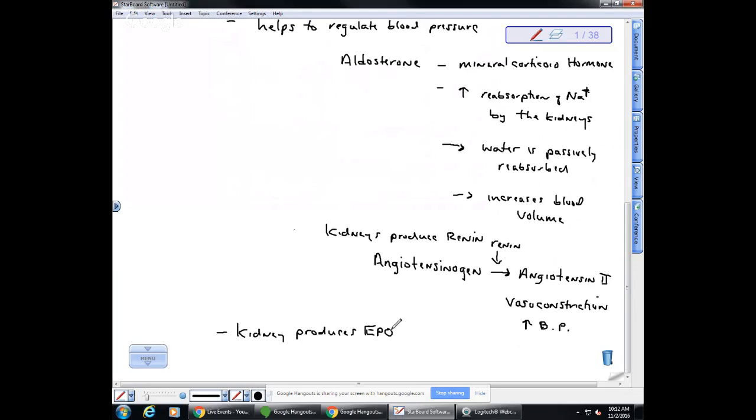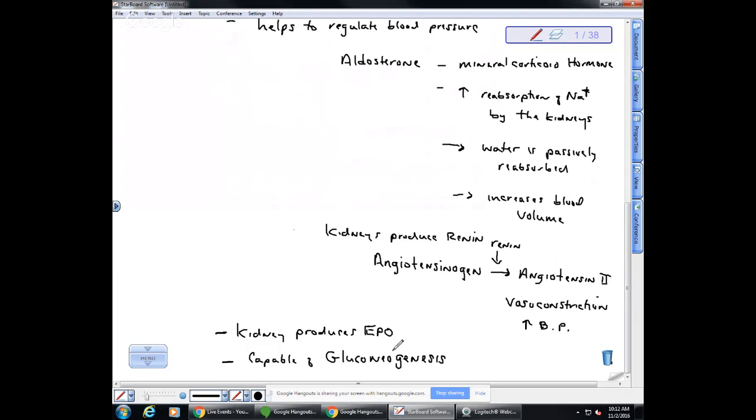Okay. The last one, which actually I didn't even know until I read your book, is that the kidney is capable of gluconeogenesis. Okay, so maybe you heard about this if you took nutrition. How many people, have you guys all taken nutrition? Yeah.